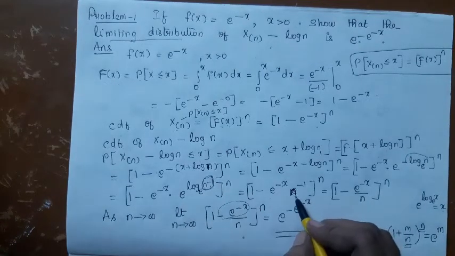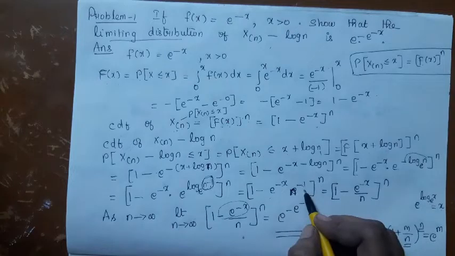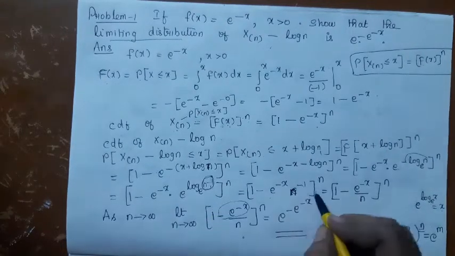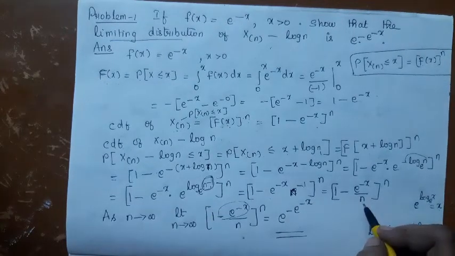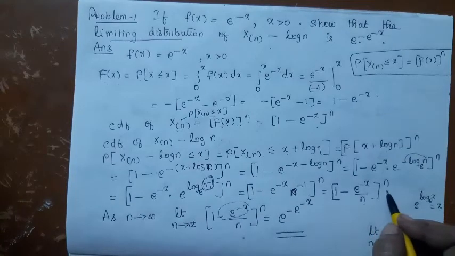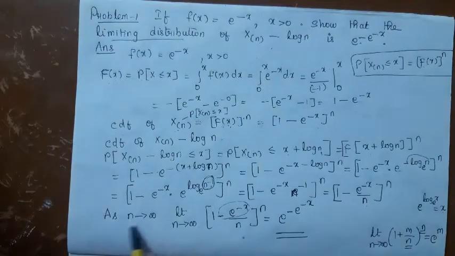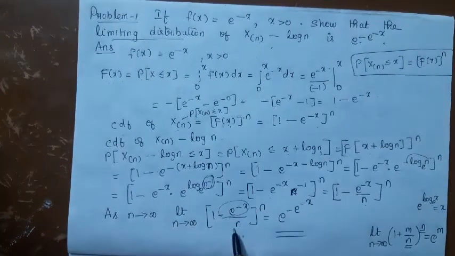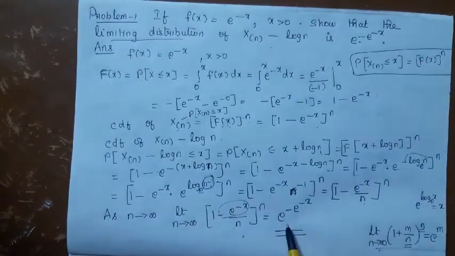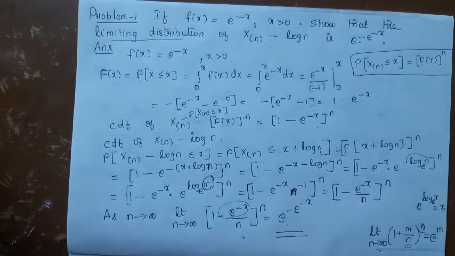Okay, so I take it as x. What is x here? n power minus 1. And I took it in the denominator. Now, since I am asked to derive the limiting distribution, you take n tends to infinity. I have used this rule to get this answer. Okay, thank you.